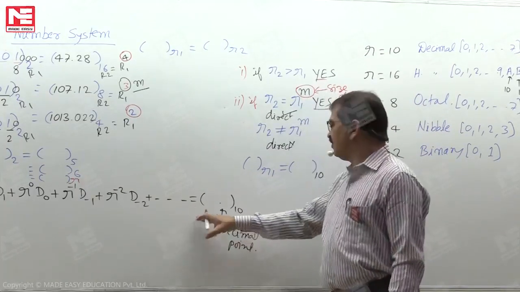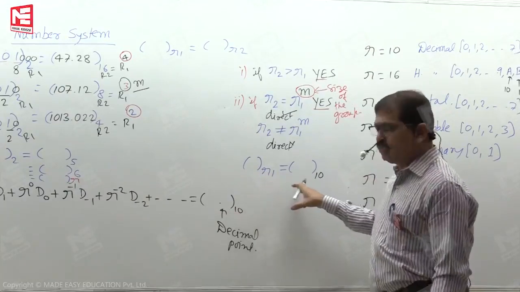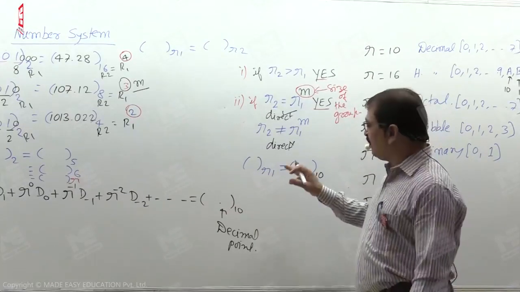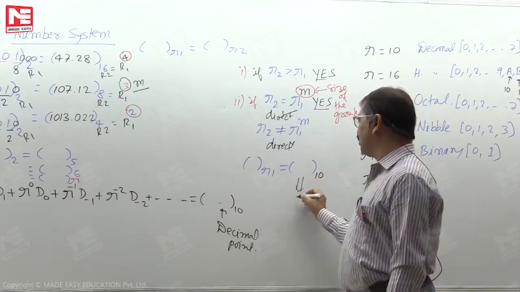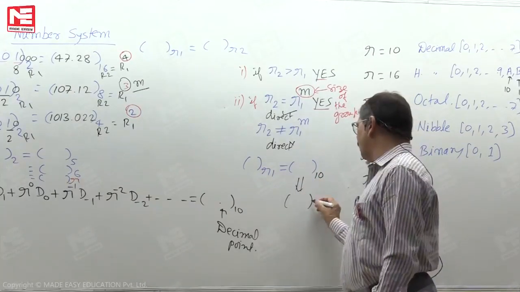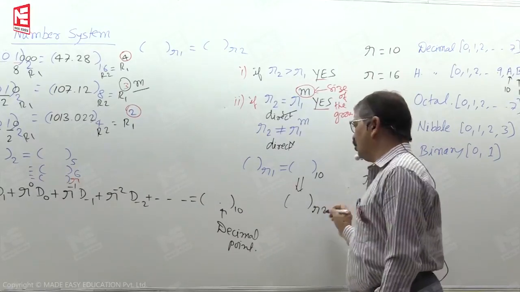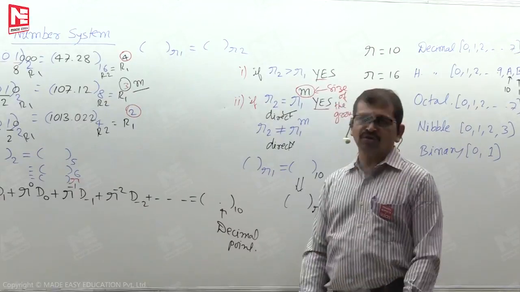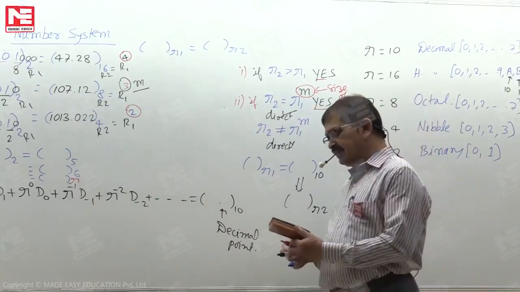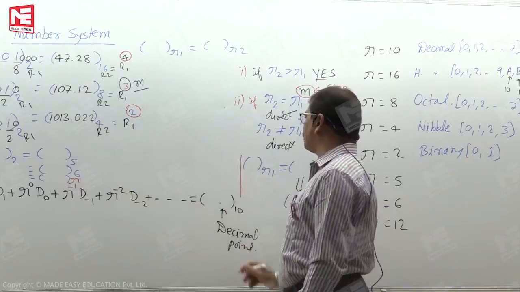After converting the given number with radix R1 to decimal, the next step is converting the decimal number to radix R2, which we also discussed. So we basically have this sort of conventional work.